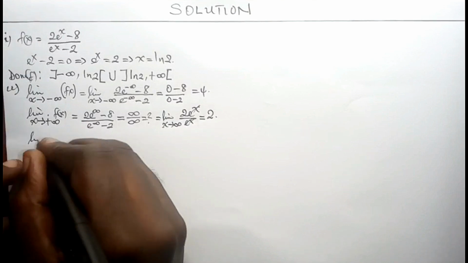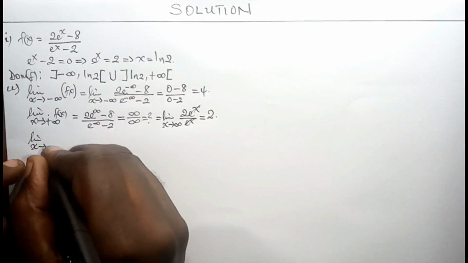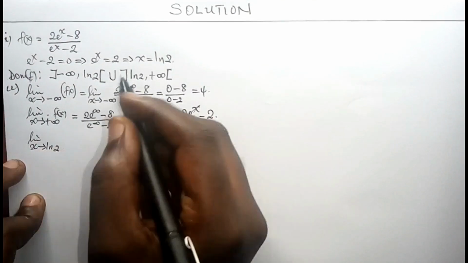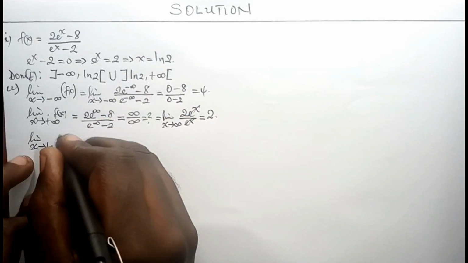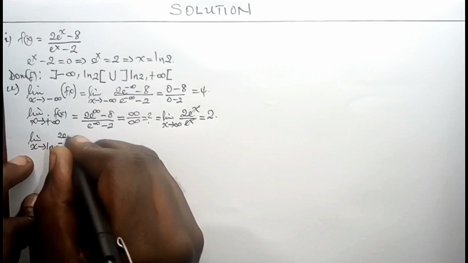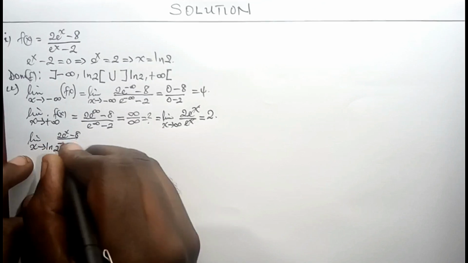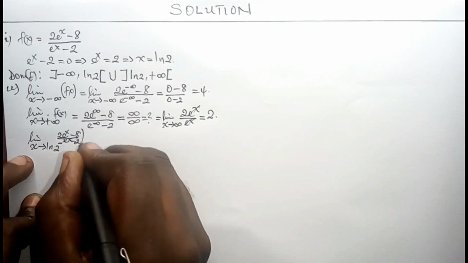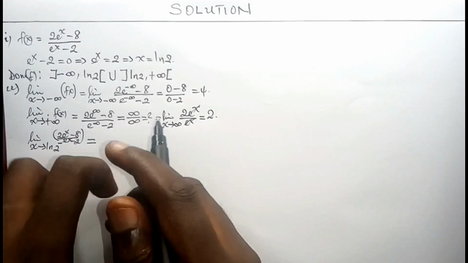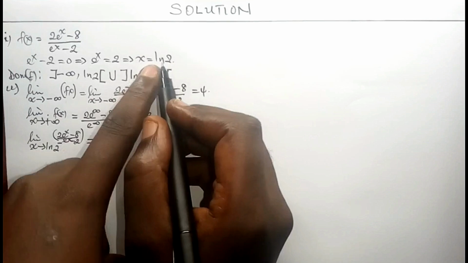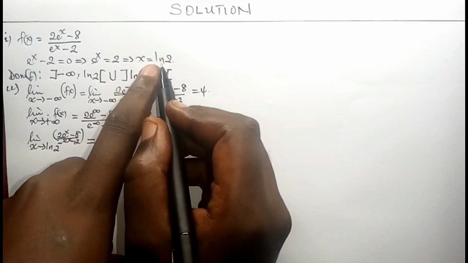Then we move to the limit as x tends to ln 2 from below of 2e to the x minus 8 over e to the x minus 2. Now, generally, you should know that the value that is excluded from the domain will always provide the vertical asymptote, as I said earlier.